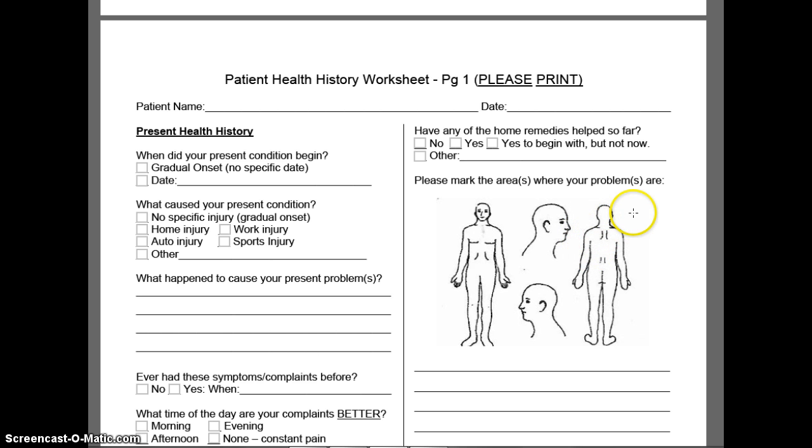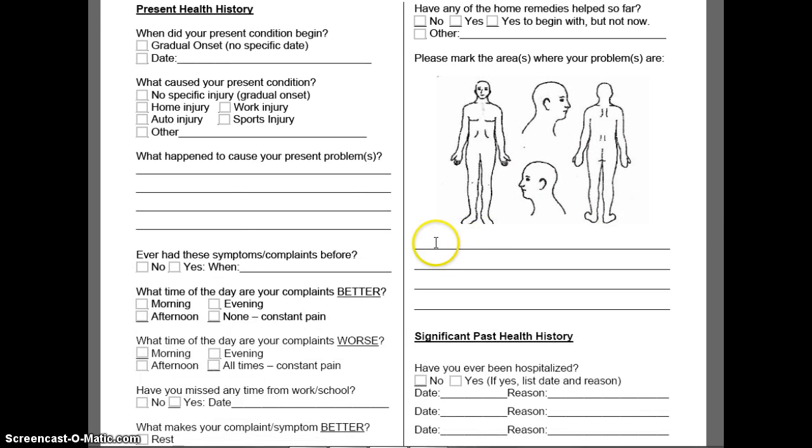For example, if they have a low back problem, which is mark the areas where you have problems, they could circle or X or somehow draw where they're having problems, or circle their head if they have a headache, etc. And again, back to the idea of, I would like to know if you reach the end of this line, it can wrap to the next line rather than continue to get smaller.